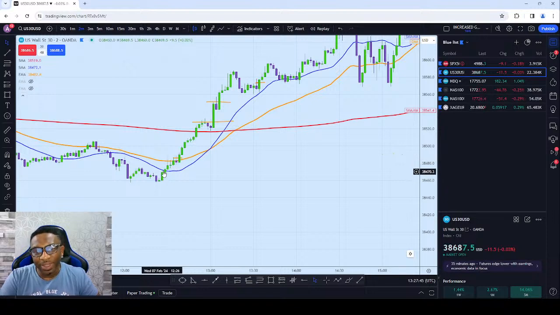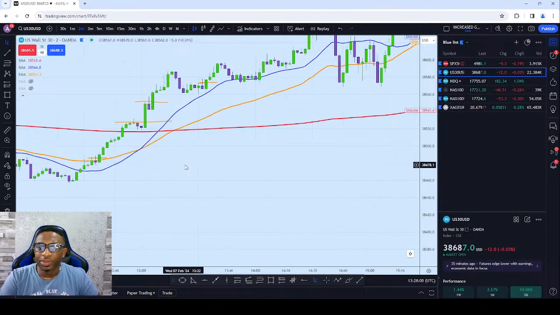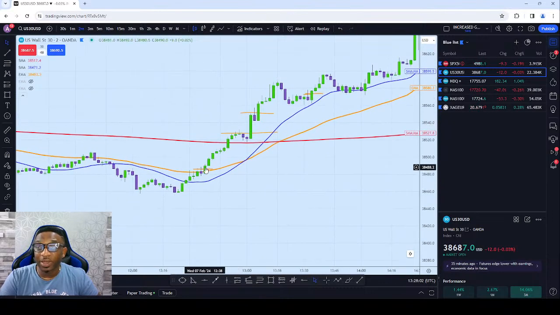So the dominant color we have in play is the green candle. We wait until the next green candle takes out the high of this purple candle. Then we get into the trade.